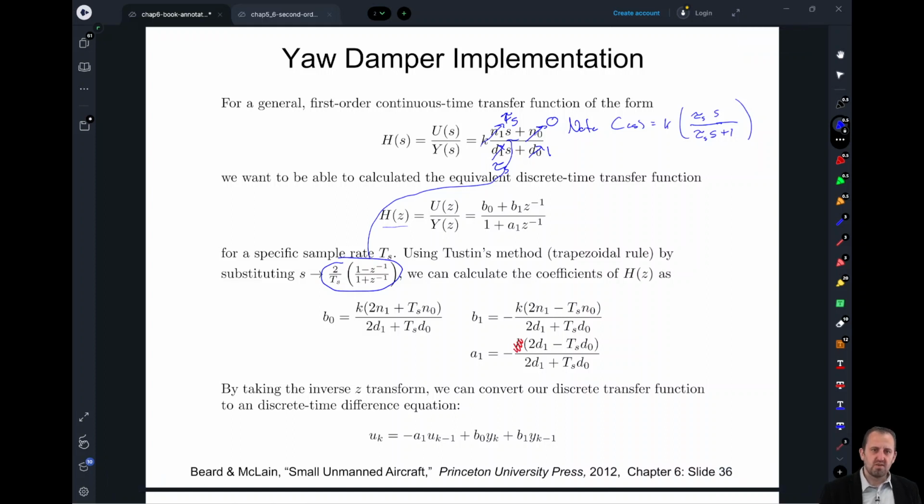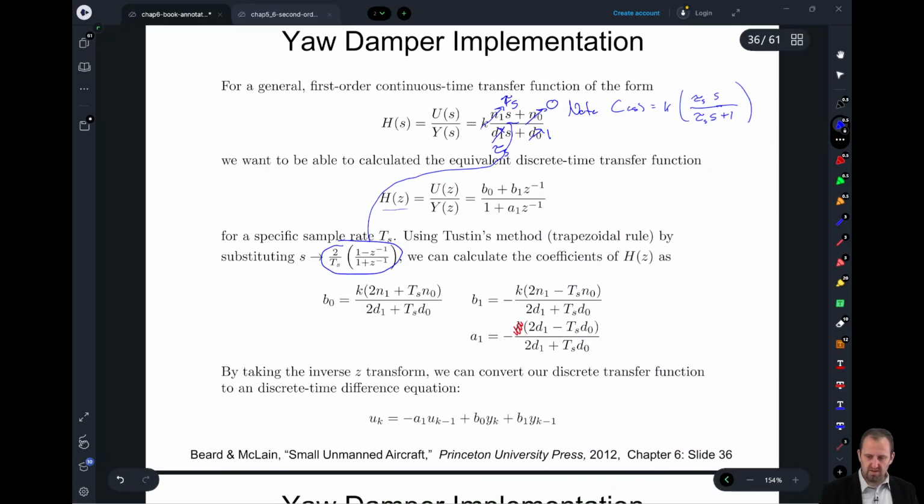And then once we plug in that value for s in the original continuous time transfer function, we can do all the math to simplify. And originally the slide had a k in front of the a1 term, it shouldn't have that k. And then we can go through and just as we've done before, we can then pull it off into discrete time. And we can apply that control there.